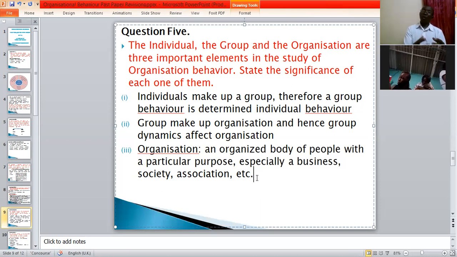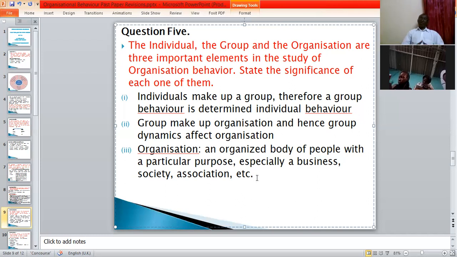So the formation of organizations, the establishment of organizations, motivated the organization behavior course. So that's how significant these are. This course, organization behavior, can only be there because there are organizations. And there are organizations because there are groups. And there are groups because there are individuals. Is that okay?